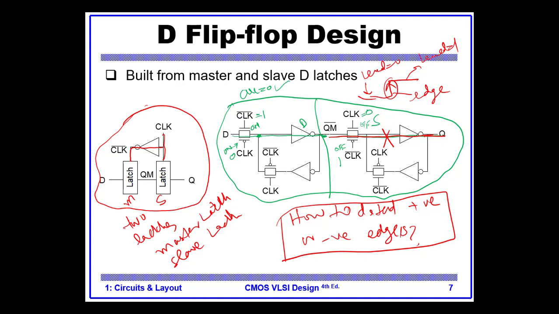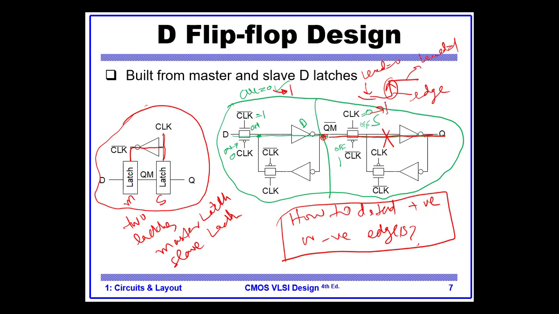The input comes to this point, but it cannot go to the output because there is no path offered by the slave. So it has to wait. Wait for what? Wait for the time when the clock changes from 0 to 1.